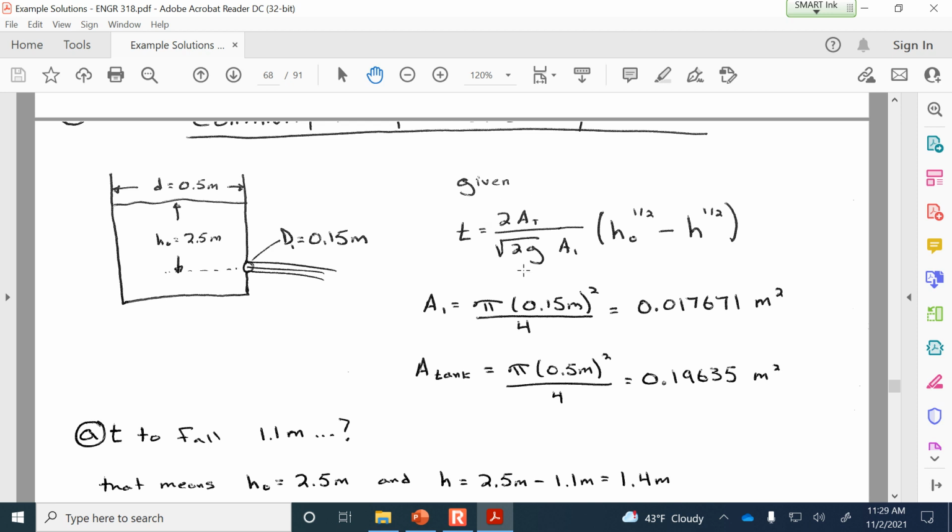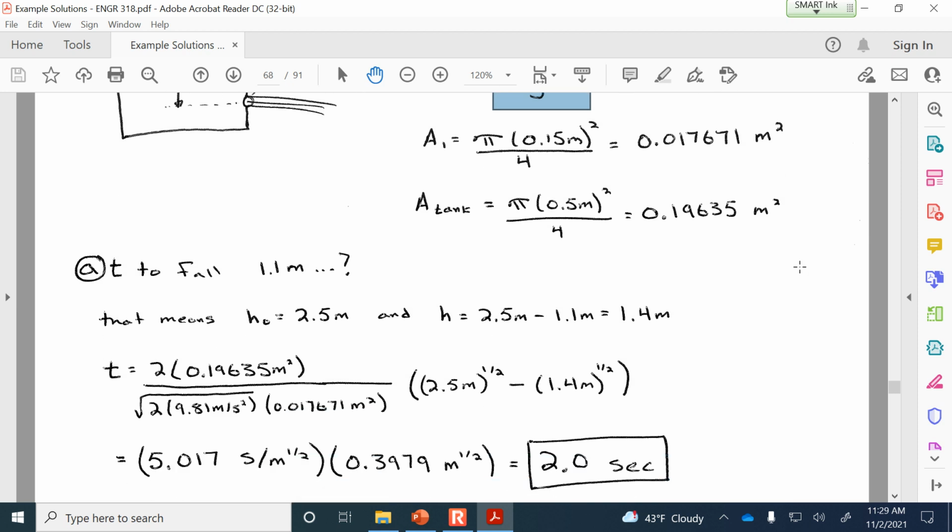So you don't have to recalculate that for part B. If you happen to just find the result of that, then it's only the fall heights that need to be updated for part B. So in the first part, what we're looking at is a fall time of approximately 2 seconds. And obviously, if the orifice area was less, then that's going to increase the amount of time it takes for the liquid level to fall.